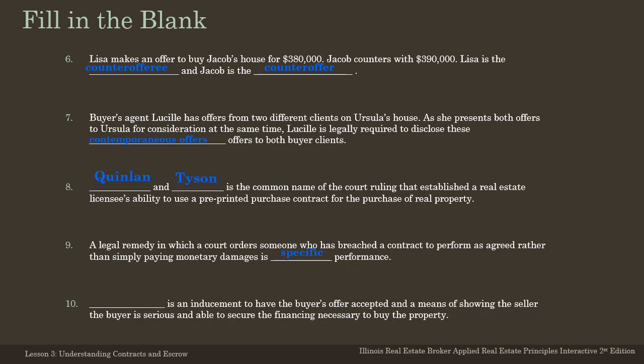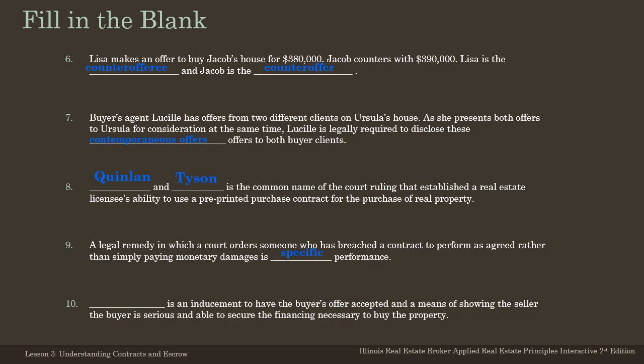What can the sellers get? Well, there's basically a couple things they can get from the buyer. One, they can get the earnest money that the buyer put up. That'll go to the seller. They can get those liquidated damages that we talked about. They might even get compensatory damages. Okay. Or the court might say, we're going to order you, buyer, to do what you said you were going to do. You must, in fact, buy that property. That's called specific performance.